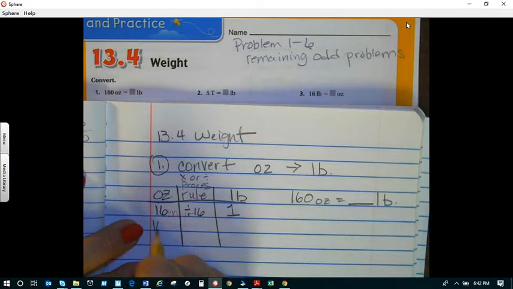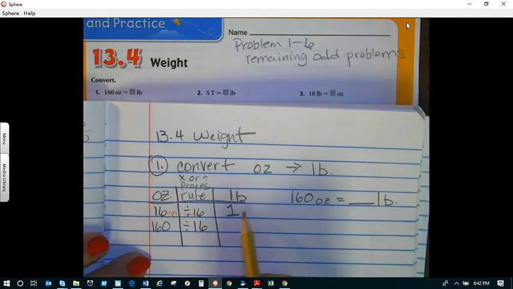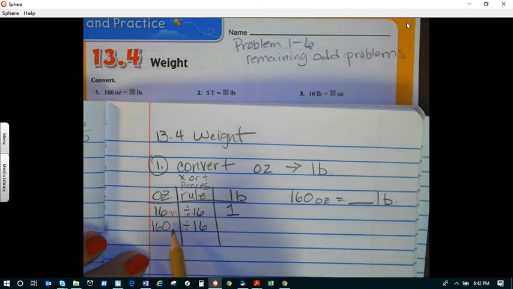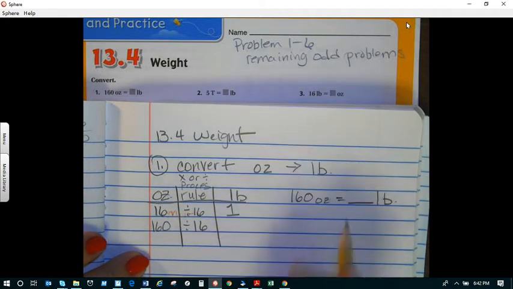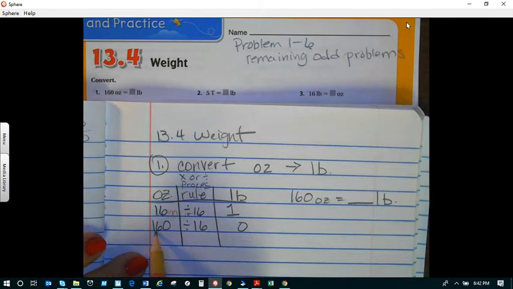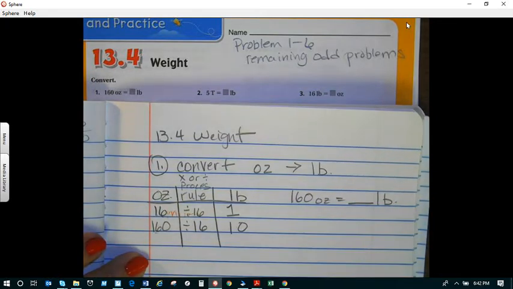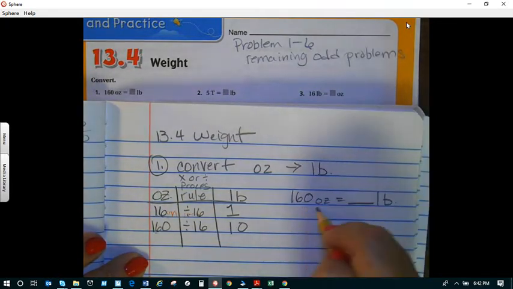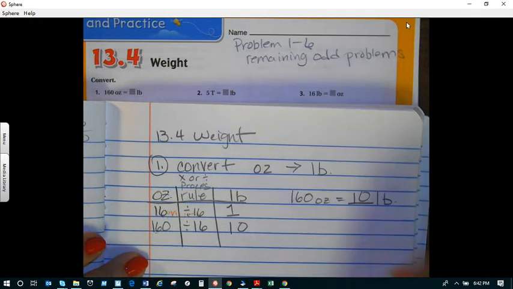So I have 160 divided by 16. If this confuses you, what times 16 equals 160? And I already know this is going to be 10 here. 16 can go into 16 1 time. So my answer is 10. 160 ounces is equal to 10 pounds.